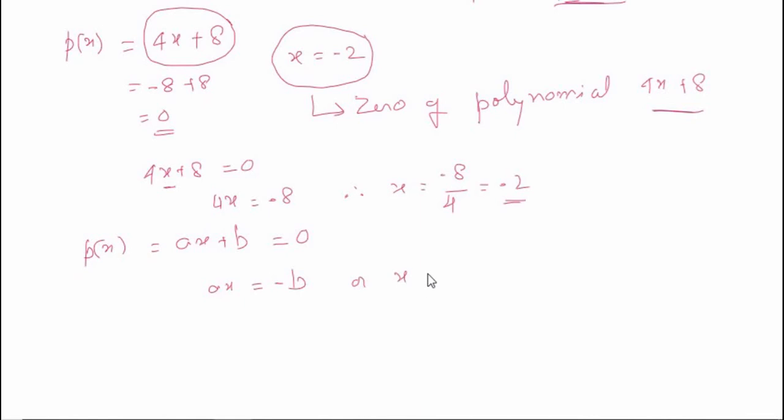or x equal to minus b by a. So x equal to minus b by a is the zero of the polynomial ax plus b. This also can be represented as minus of the constant term divided by the coefficient of the variable x, because b is nothing but the constant term.